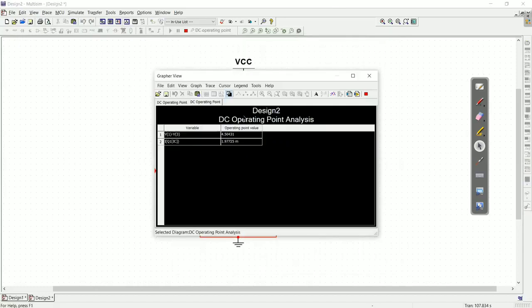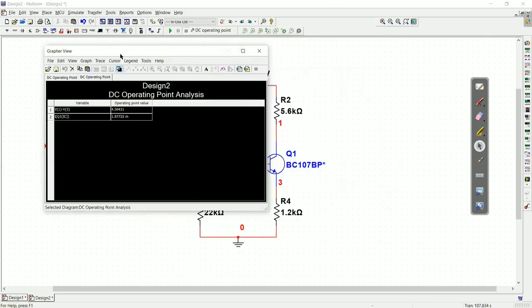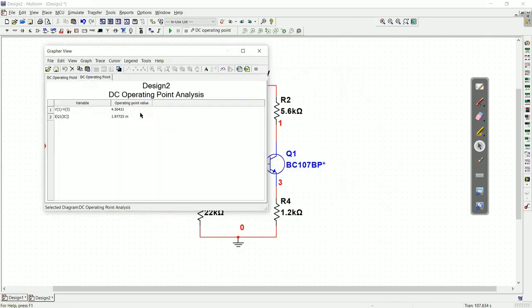Running it, we get the values like this: VCE equal to 4.5 and IC equal to 1.97 milliampere.